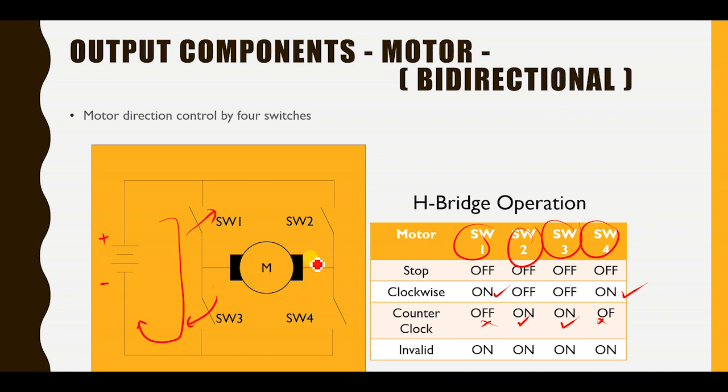So the H-bridge has its own sort of protection when these things happen, and it will just show an invalid operation. It will not short circuit your circuitry.